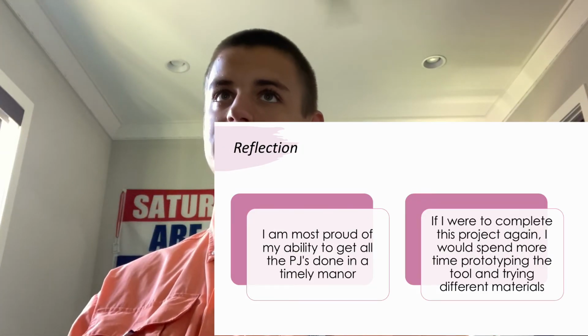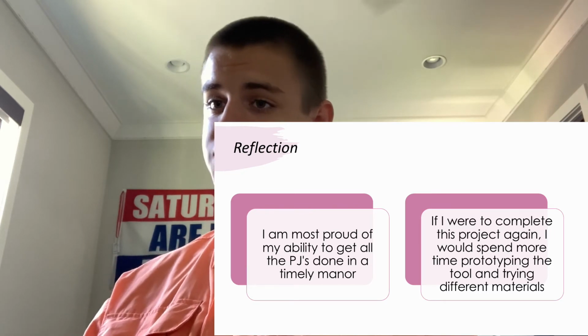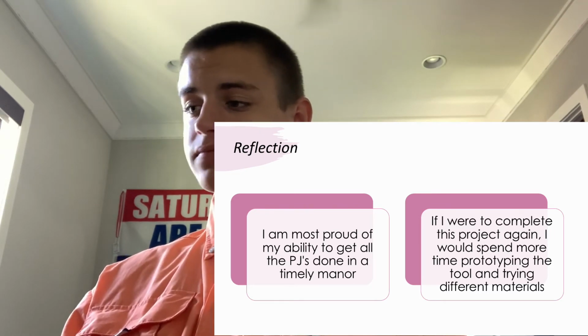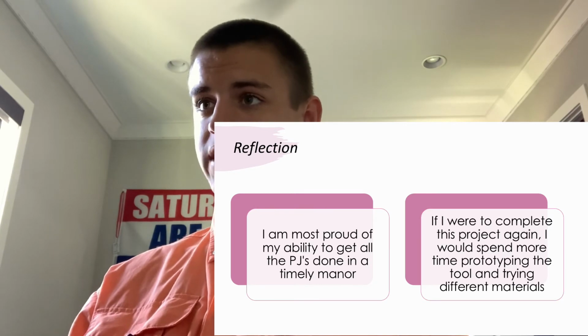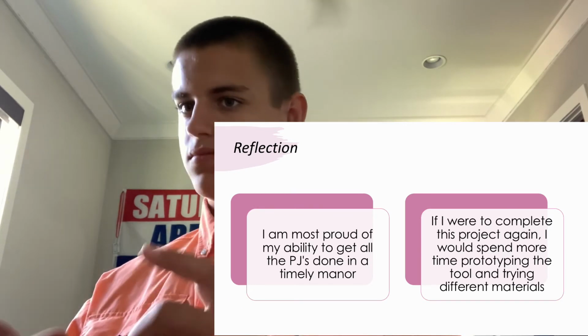And for my reflection, I am most proud of my ability to get all of the process journals done in time, because there were a lot of process journals, as you all remember, and I'm just proud that I finished all of them.